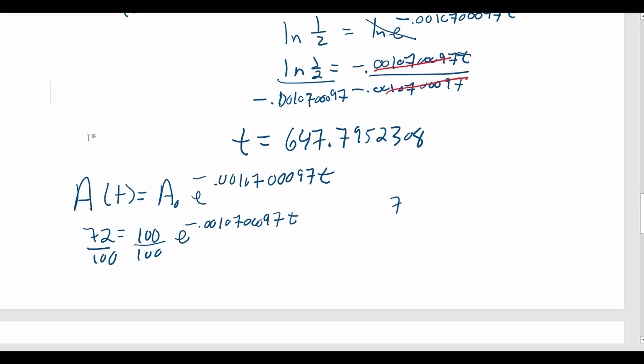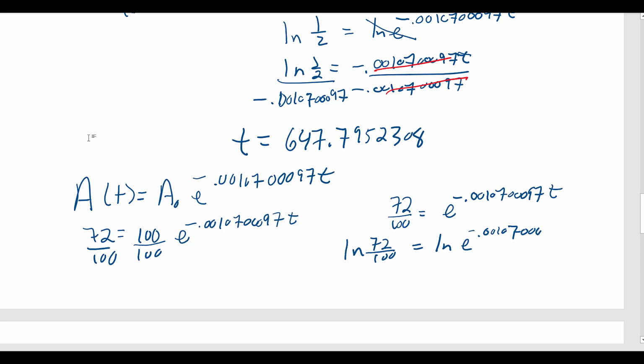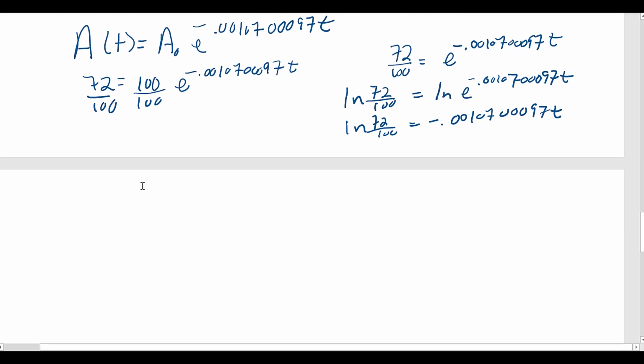And then we have, I'm not going to worry about reducing this, 72 over 100 equals e to the negative 0.00107 00097 t. Take the natural log of both sides, because that cancels this e. And then we end up with the natural log of 72 over 100 equals negative 0.00107 00097 t.